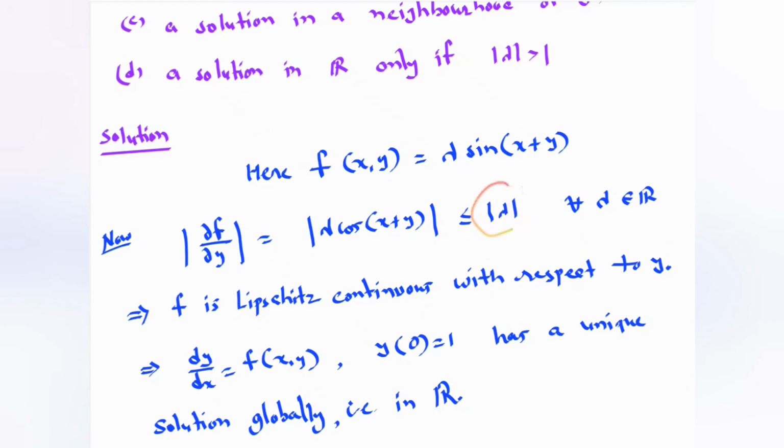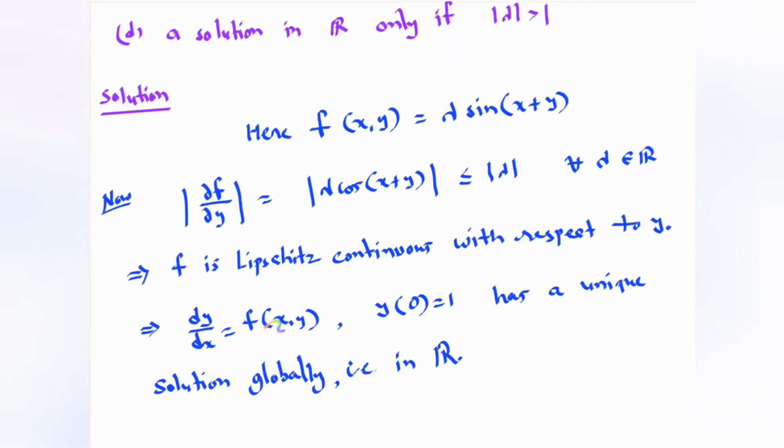The bound does not depend on x or y, so it is a globally Lipschitz continuous function with respect to y. Therefore, by Picard-Lindelof's theorem, the solution of the initial value problem dy by dx equal to f of x, y, y0 equal to 1 has a unique solution in R, that is, on the whole real line.